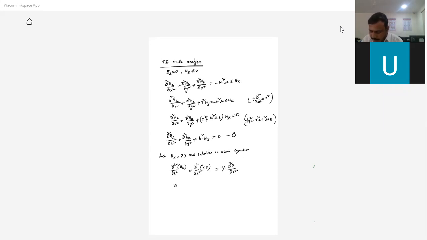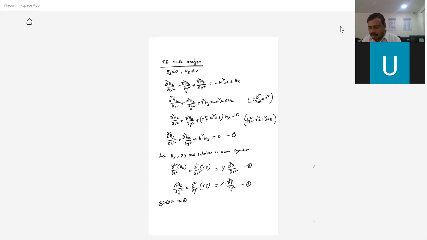In the same manner, del square Hz by del y square is del square by del y square of X into Y, which I think was done in the earlier case. So X into del square Y by del y square. Then substitute these, equations 2 and 3, in equation 1.